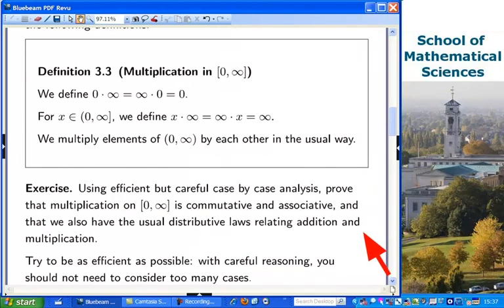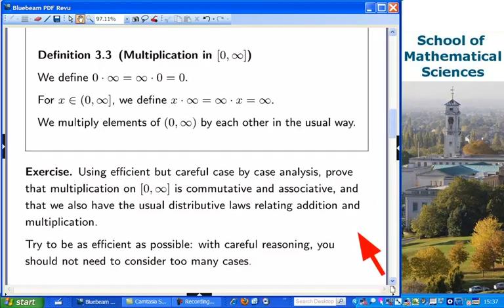And this case-by-case analysis is a bit harder. Especially hard if you introduce minus infinity as well and check that everything works when it can work, as long as you're not adding infinity to minus infinity. It's still true if you introduce minus infinity that the associative and distributive laws work as long as nothing in any of the expressions involves adding infinity to minus infinity.